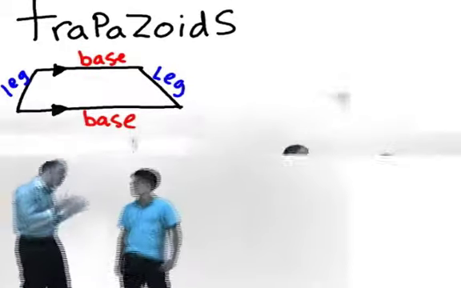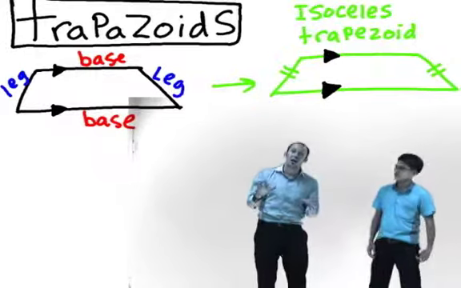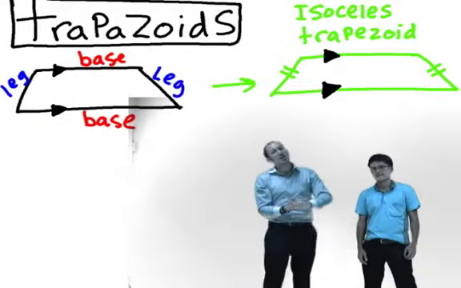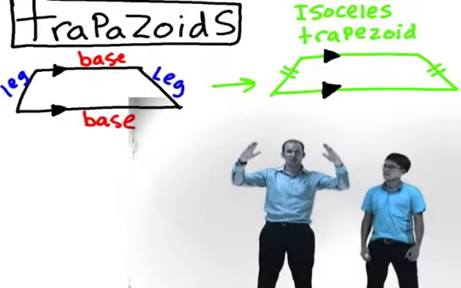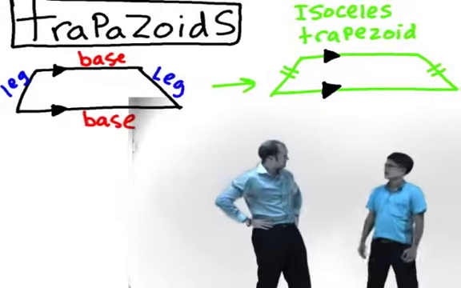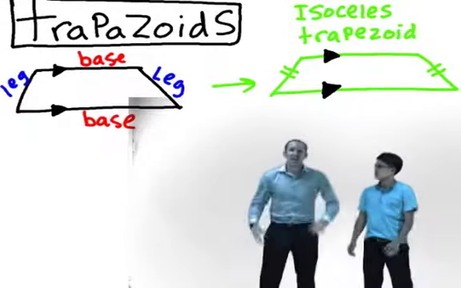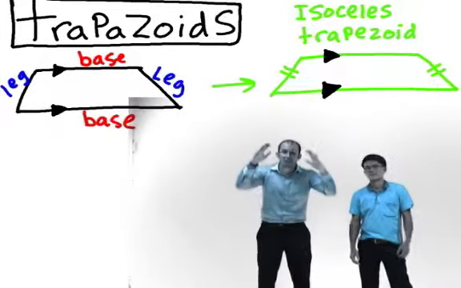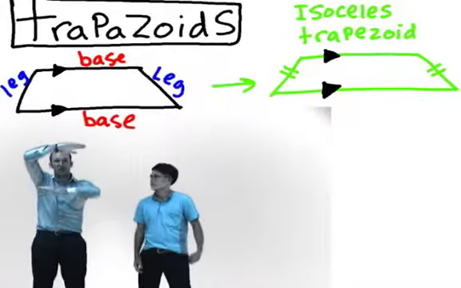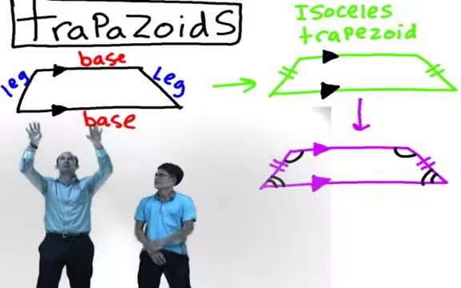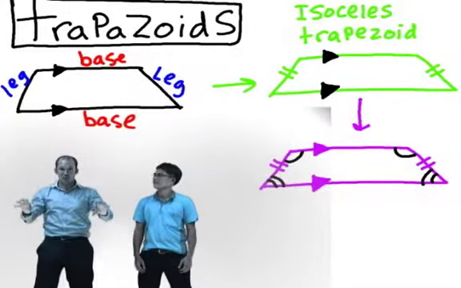Now, if we want to get more specific, we can talk about an isosceles trapezoid. An isosceles trapezoid is when the two legs are going to be congruent. Also, if the two legs are congruent and the two bases are parallel, then the two top angles are going to be congruent and the two bottom angles are going to be congruent.